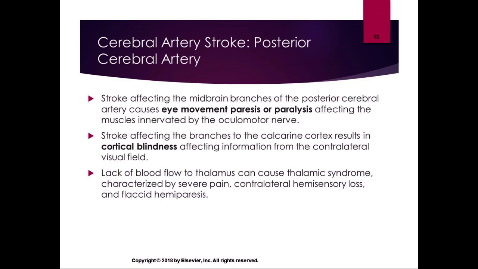So a stroke affecting one side of the occipital lobe is going to result in loss in the contralateral visual field, so cortical blindness. Lack of blood flow to the thalamus can also cause what's called thalamic syndrome: severe pain, contralateral hemisensory loss, and flaccid hemiparesis. That is certainly less common than some of the other symptoms, but the hallmark symptom that I want you to think about for posterior cerebral artery is cortical blindness.